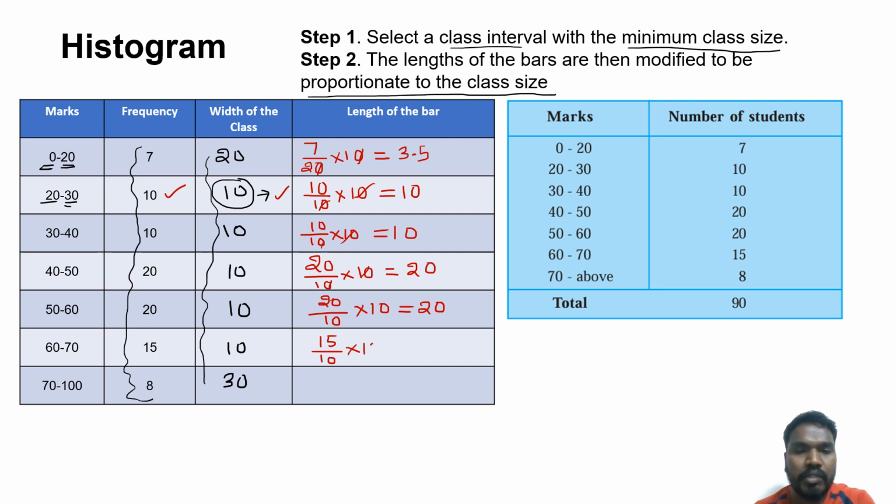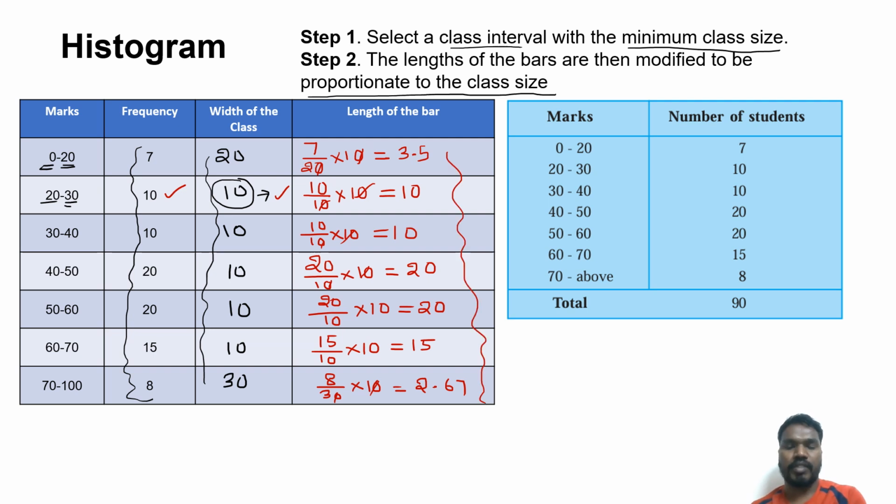I want to make it 10, so it will be equal to 15. Now here it is 8 and class width is 30. I want to make it proportional to 10, so it will be around 2.67. Now these are all my new frequencies.